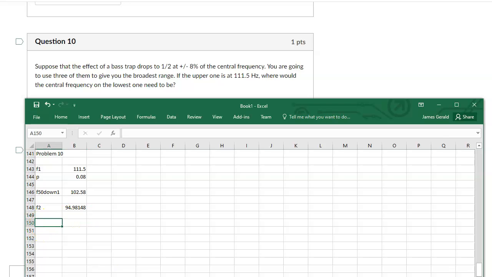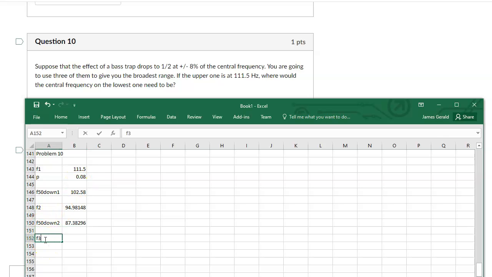Okay, so F50 down 2, we're going to go down another step. Well, it's exactly the same thing we did up here. We're multiplying by 1 minus the percentage drop, right? So this frequency times 1 minus the percentage that we're dropping gets us to our new midpoint between the lower 2 frequencies.